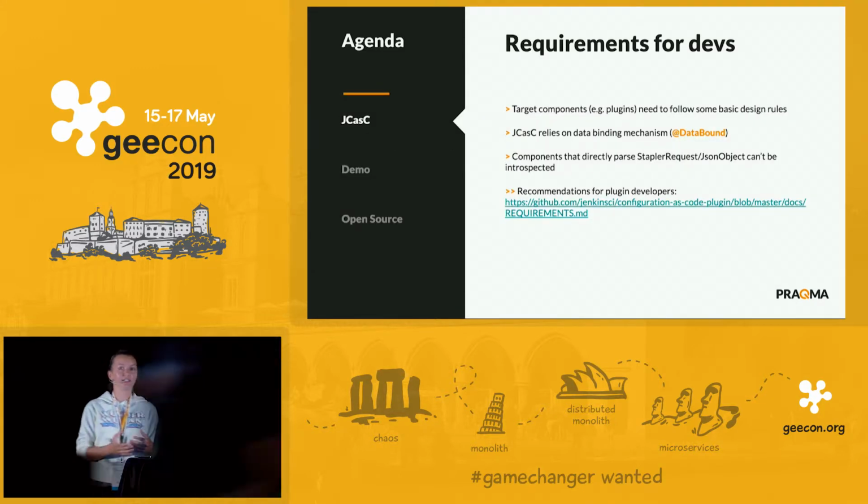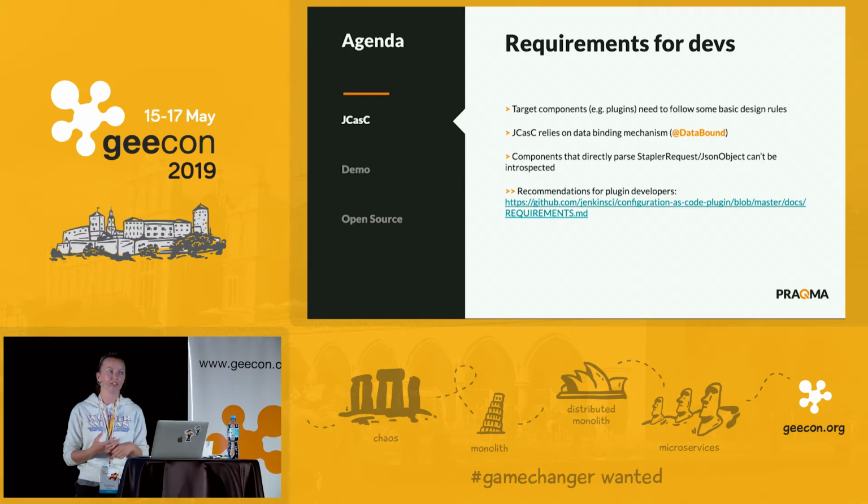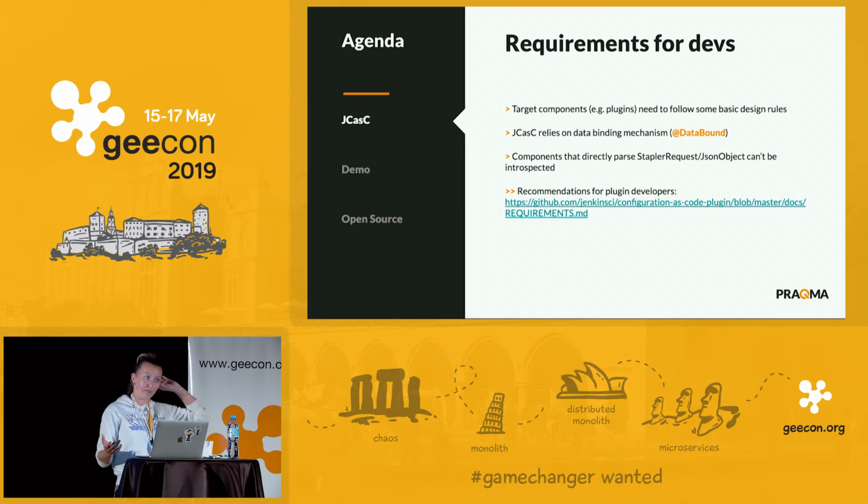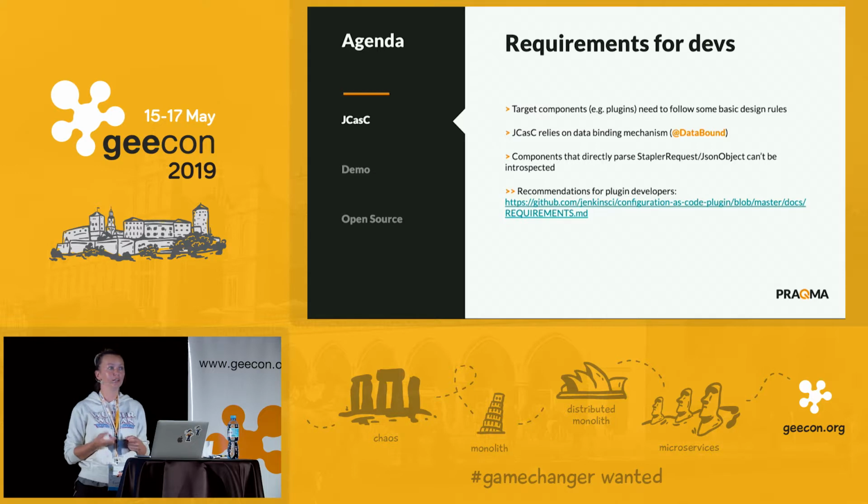So yeah, I said we wanted to automatically detect what can be configured in each plugin, but of course, we did not create artificial intelligence that will just figure it out. So we rely on some design rules. Those are not design rules introduced by us.